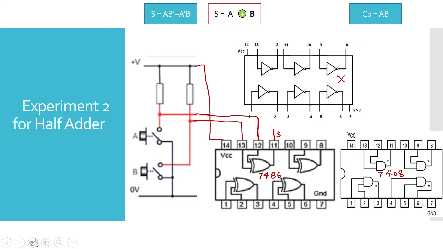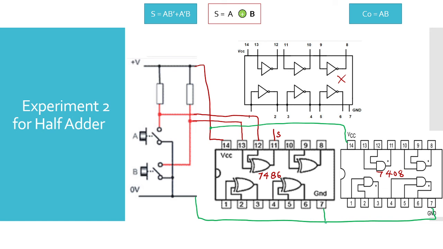So here I am showing you the VCC and ground connection, same as I showed you earlier. VCC will connect to the power supply, and ground will be connected to both IC pin number 7. Pin number 7 is reserved for ground, and pin number 14 is reserved for VCC. So these connections I will do for 7486 and 7408.